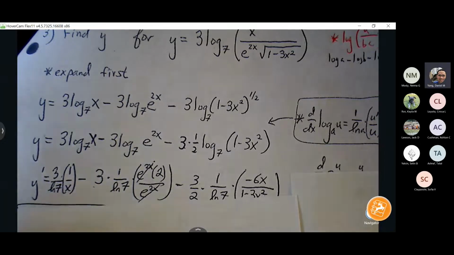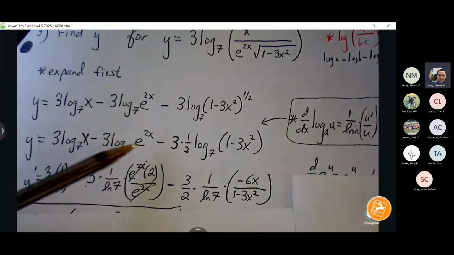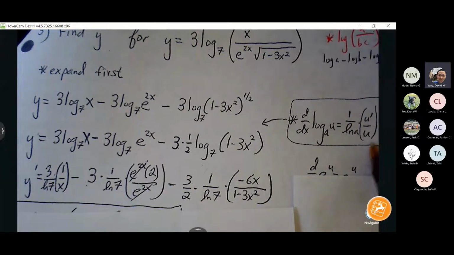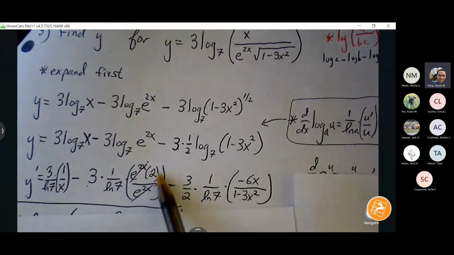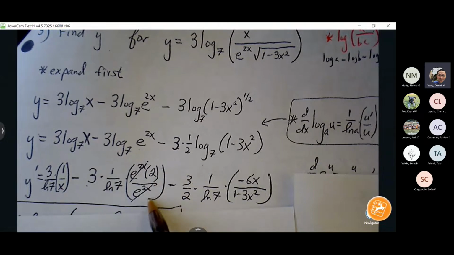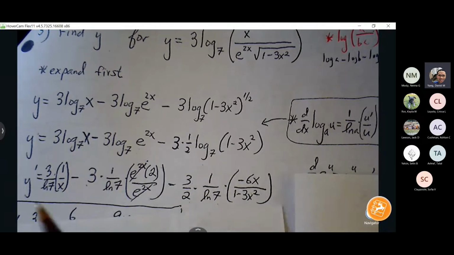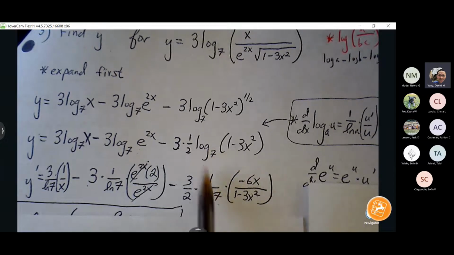Right? 3 stays. Log base 7 gets converted, 1 over natural log of 7. E to the 2x, we can go through u prime over u. So the derivative of e to the 2x is e to the 2x times 2. That handles that u prime up top divided by the u value e to the 2x. Minus, okay, 3/2 stays. 1 over natural log of 7 is a coefficient, part of that conversion.